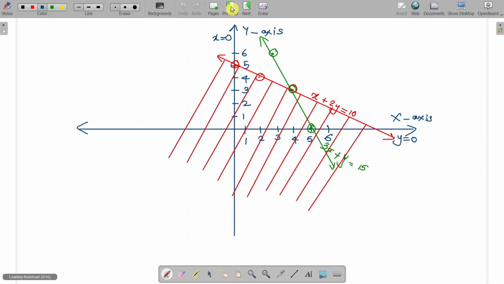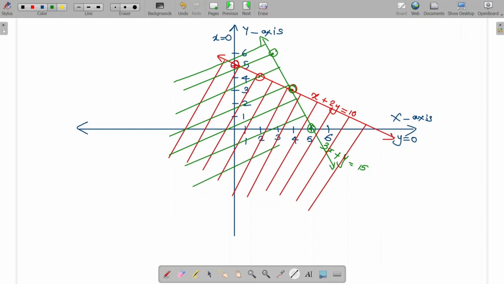So if we look at the second line, 3x plus y equal to 15, since the inequality is satisfied for the point 0 comma 0, the solution region will be in the half plane where the point 0 comma 0 lies. So that means in this way, right? Okay, so this is the solution region.